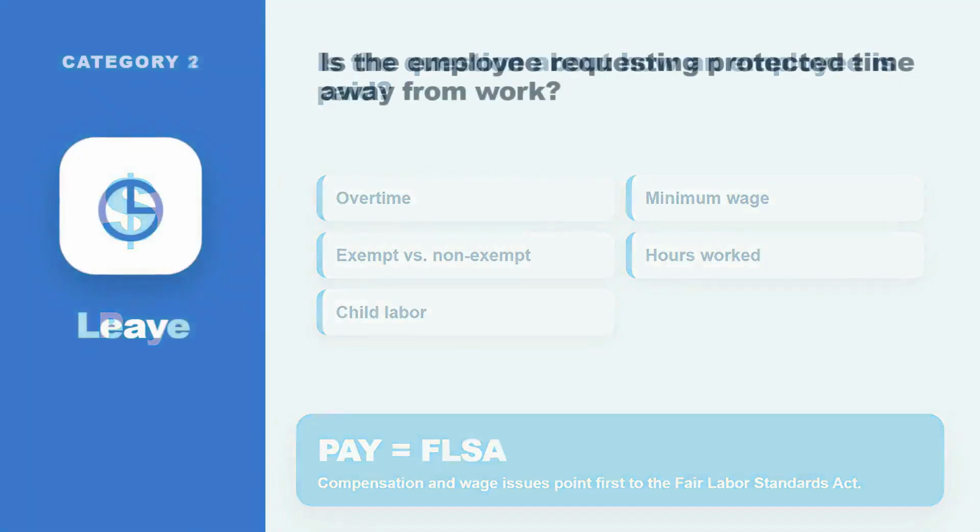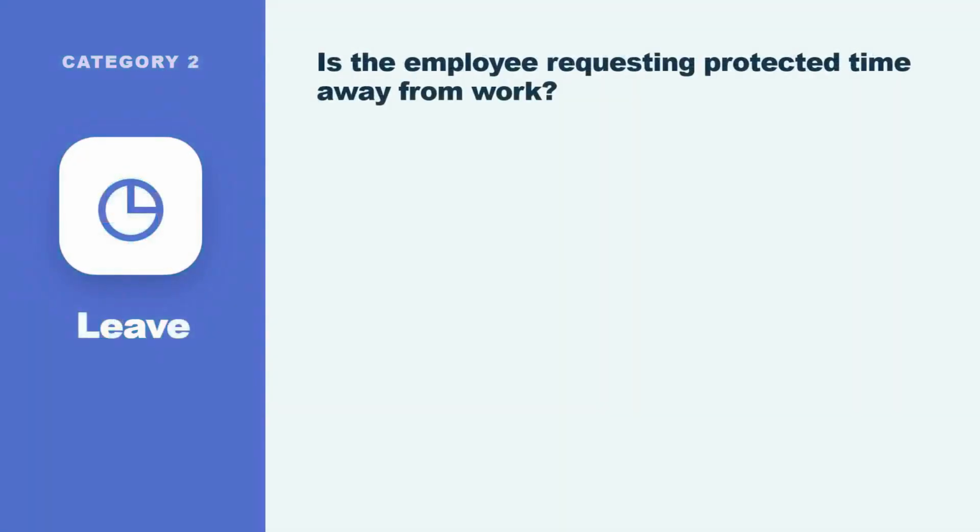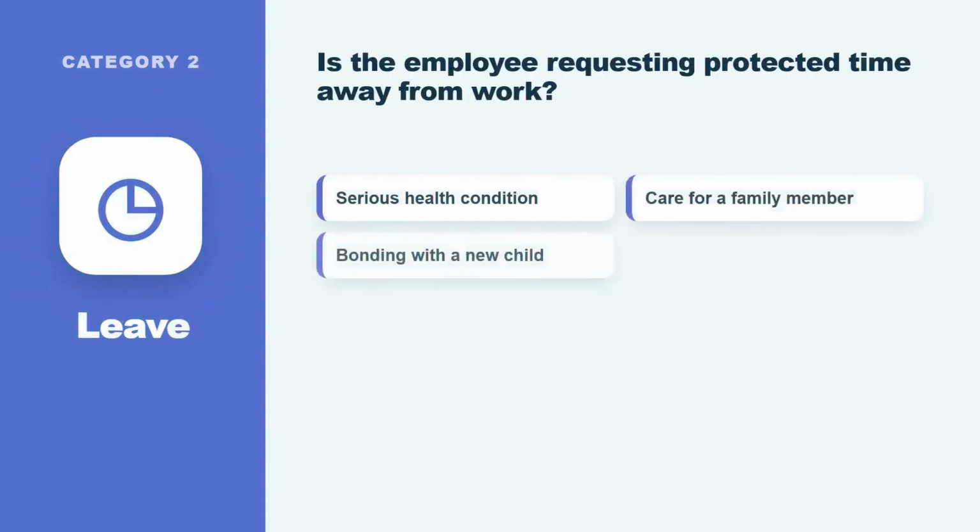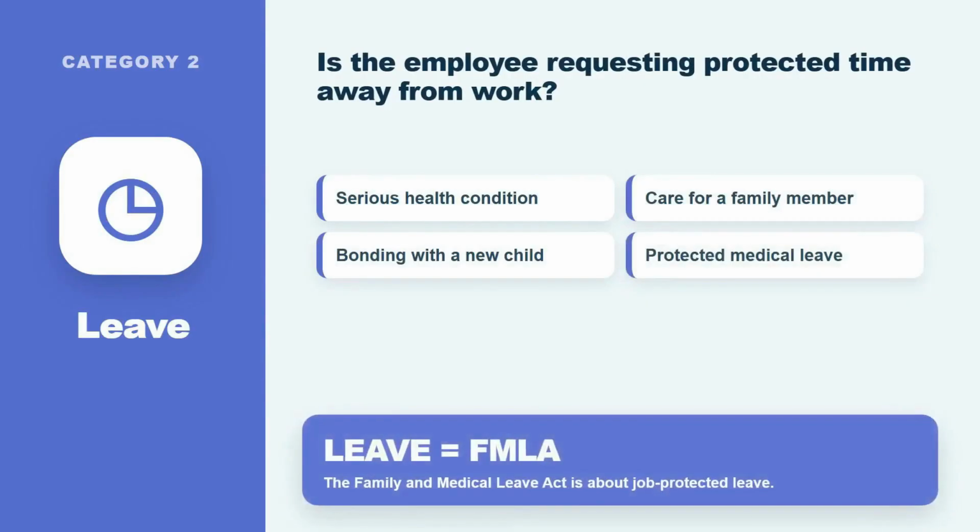Category 2. Leave. Is the employee requesting time off for a serious health condition, leave to care for a family member, bonding with a new child, or protected medical leave? Think leave equals FMLA. Remember, FMLA is about protected leave.